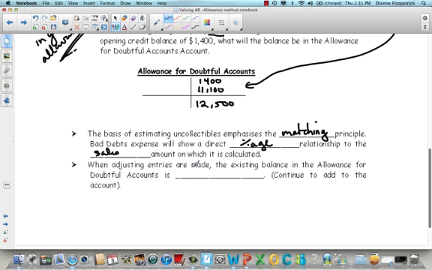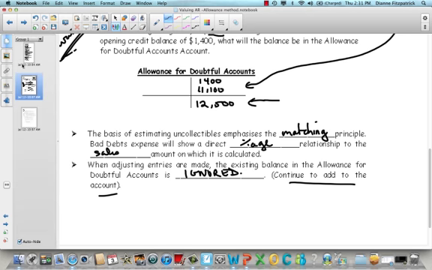So when adjusting entries are made, the existing balance in the allowance for doubtful accounts is ignored. We just keep adding to the account. Like here, we just added it. So now we have an allowance account of 12,500. It's basically our holding tank of money we're not expecting to collect.